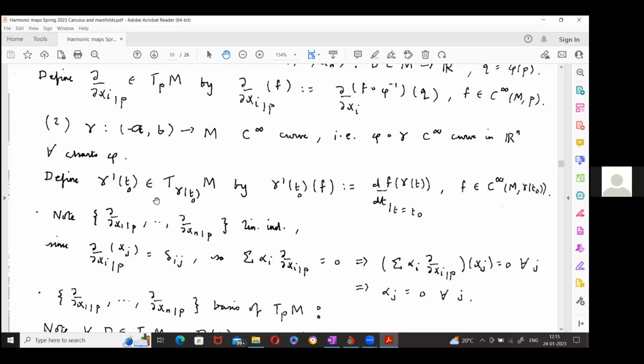All right. Now let's come back to this set of partial derivatives, these del xi's. It's easy to see these del xi's are linearly independent, because what is del xi acting on a coordinate function xj? This is just going to be delta ij, right? Yes.